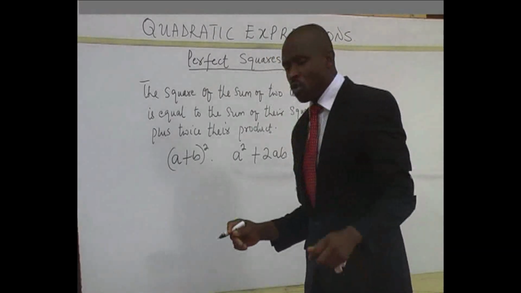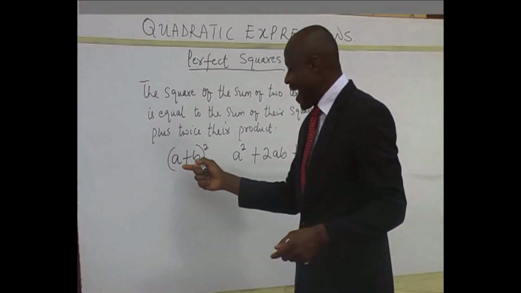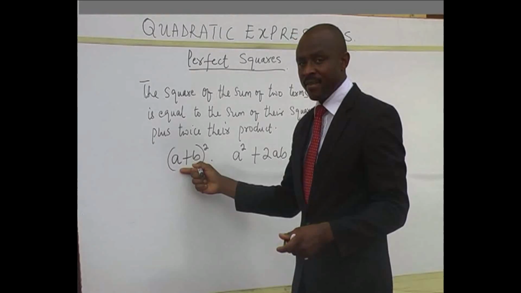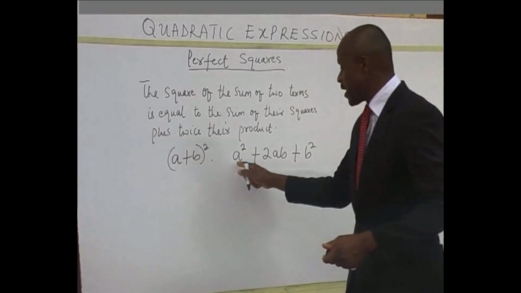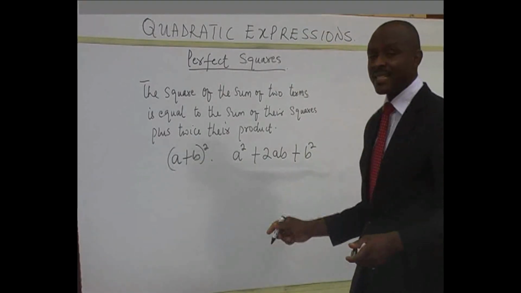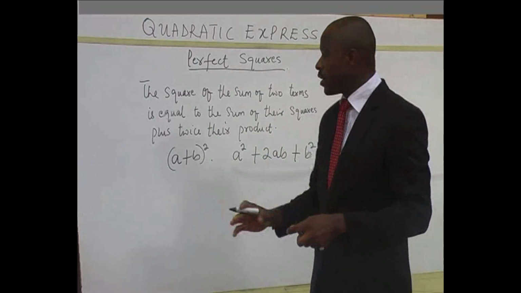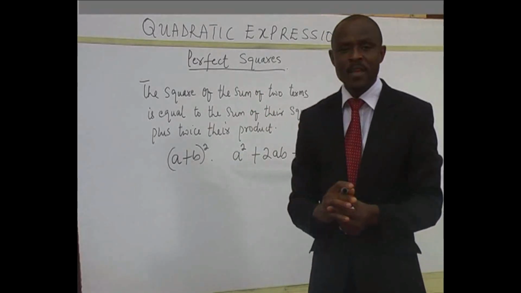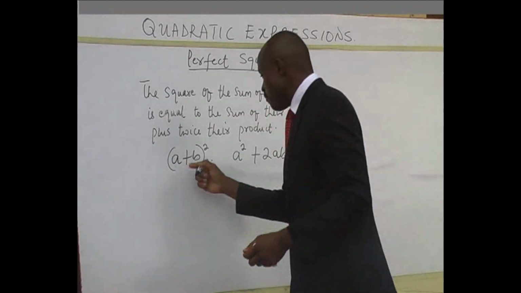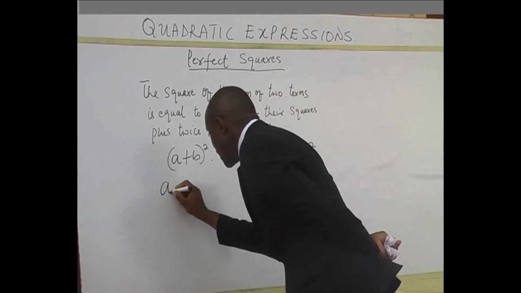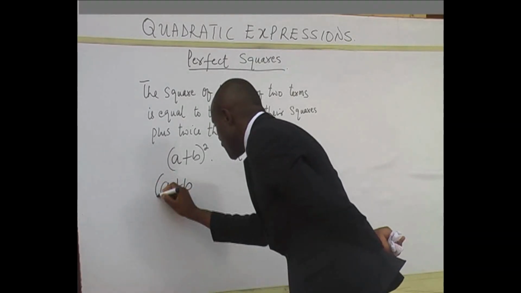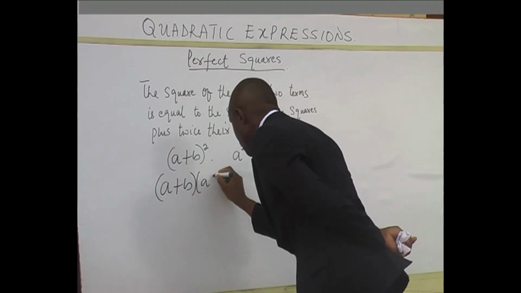I am going to go further to explain by expanding what we have here. When we expand, you discover that we are going to get this. And that gives us a clear confidence on this concept I have written on the board. If you are to expand it, that means you're going to have a plus b into a plus b.